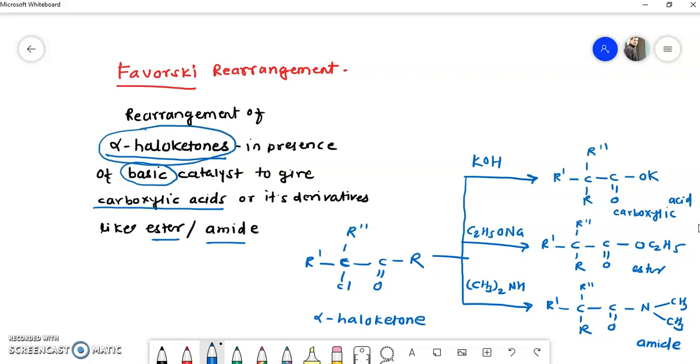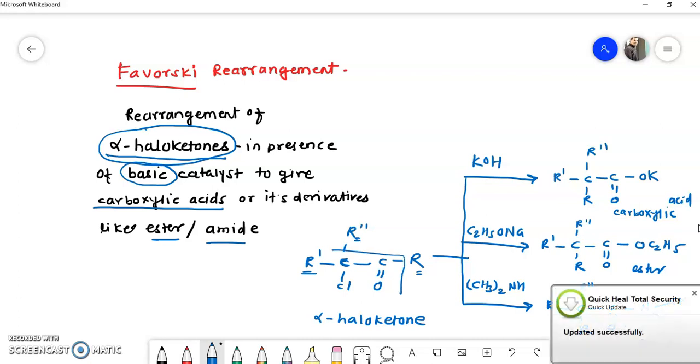Such a type of starting material is known as alpha haloketone. There may be any group at this position, R, R' and R'', any alkyl group or aryl group. We don't bother about it. We are concentrating only on this starting material, this one alpha haloketone.